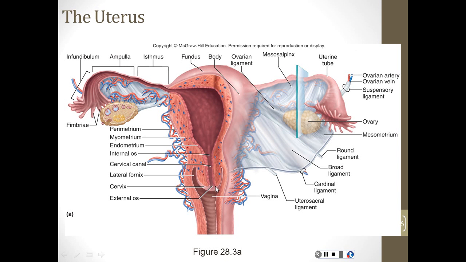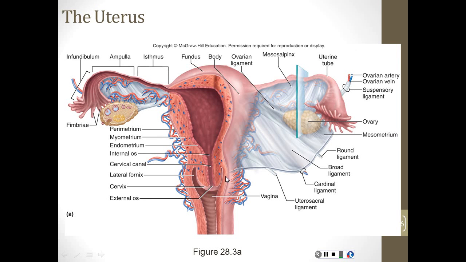So this is our external os, then we have our internal os. Now the canal contains cervical glands that secrete mucus. Near the time of ovulation, the mucus becomes thinner and allows easier passage for sperm.